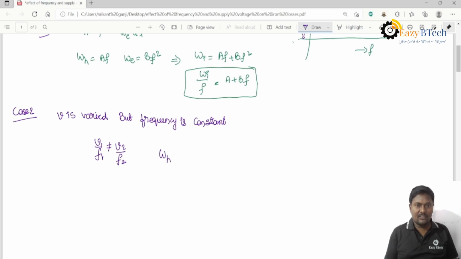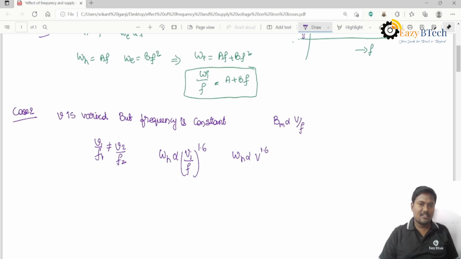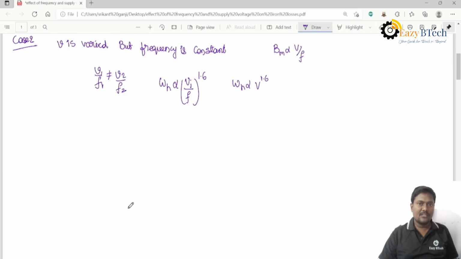The hysteresis loss is directly proportional to V1 divided by f whole power 1.6, because Bmax is directly proportional to V by f. From this, hysteresis loss is directly proportional to V^1.6 because the frequency is constant.